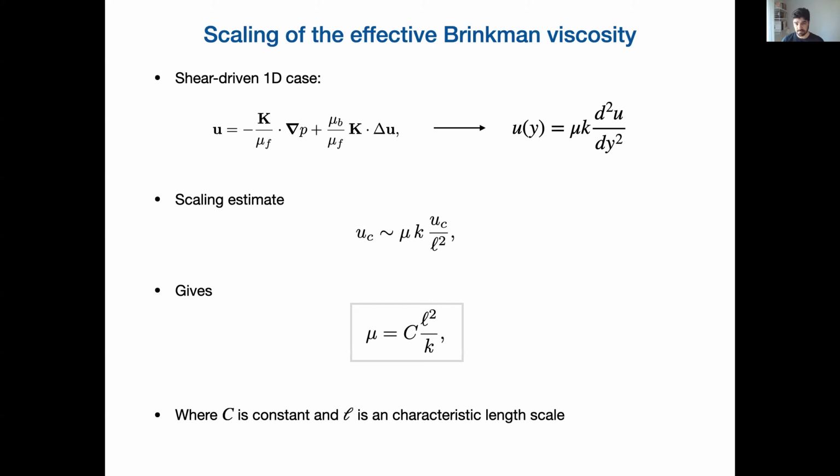As we can see, uc cancels on both sides of the expression, and we can introduce a coefficient C, which is constant and is order 1, as we can show later. And then we can write that the viscosity ratio mu should equal a constant C multiplied by the ratio of the characteristic length scale squared divided by the characteristic permeability k. I should have mentioned that k here, small k, is a characteristic permeability of the porous material. It could be the mean of the different components or whatever is appropriate.